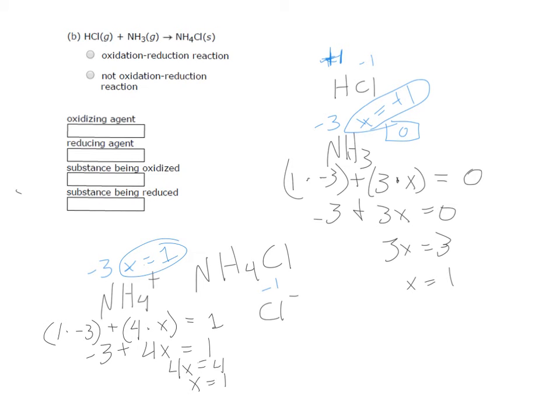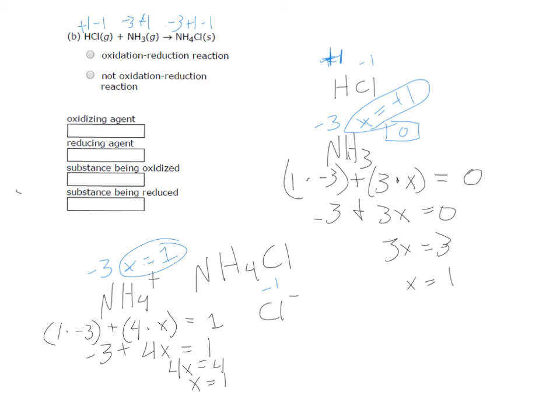Now, let's summarize up above what the oxidation states for each of these elements are. +1 for the hydrogen within hydrochloric acid, -1 for the chlorine. -3 for the nitrogen within ammonia, +1 for the hydrogen. -3 for the nitrogen within ammonium chloride, +1 for the hydrogen, -1 for the chlorine.